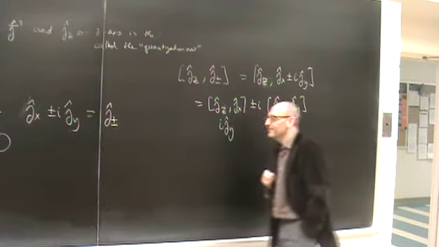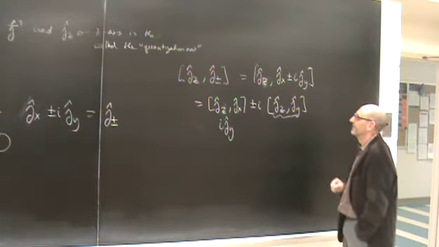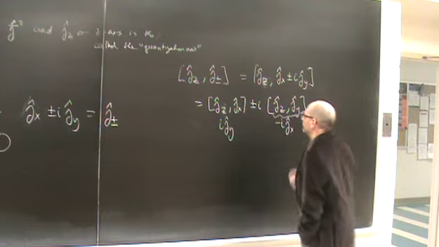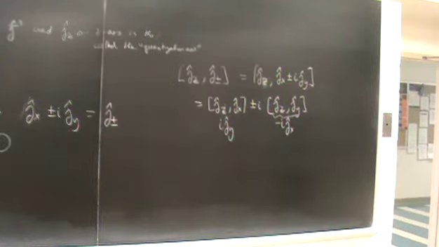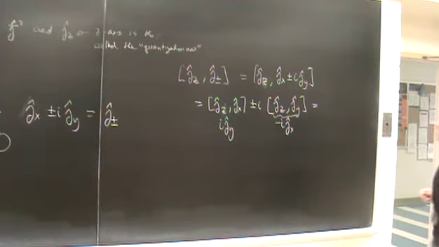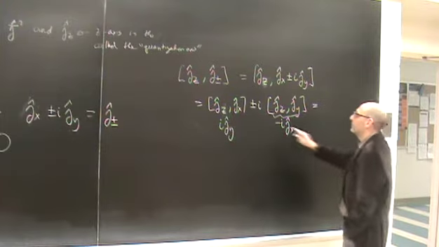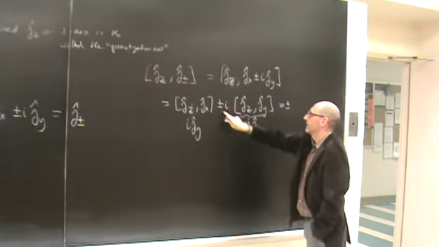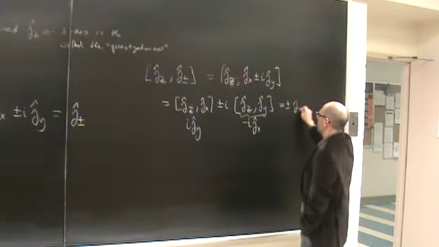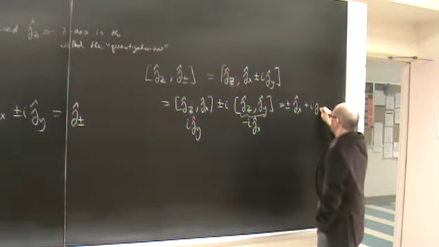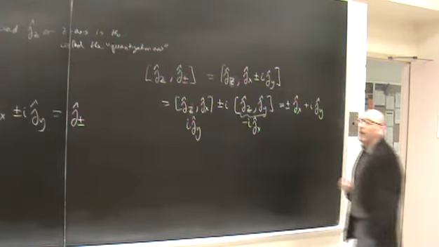Cyclic permutations, right? And this one is negative jx, super. Okay, terrific. So this then is equal to plus or minus on this guy, plus or minus jx plus i jy, right?